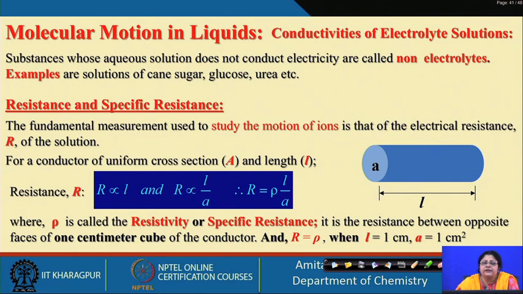So, we can say the resistivity will be equal to the resistance when L is equal to 1 and A is equal to 1, then R becomes equal to rho.